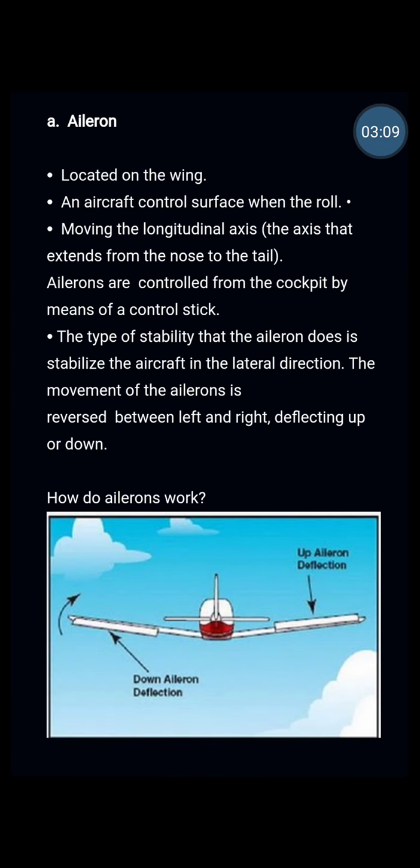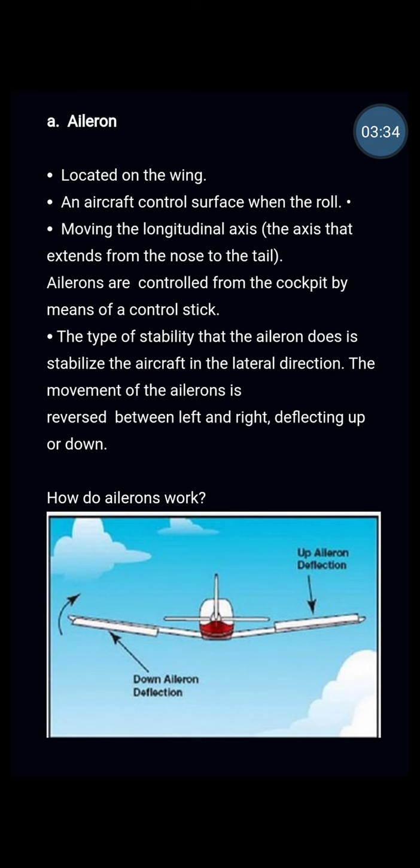A. Aileron, located on the wing, is an aircraft control surface for rolling, moving on the longitudinal axis or the axis that extends from the nose to the tail. Aileron are controlled from the cockpit by means of a control stick.